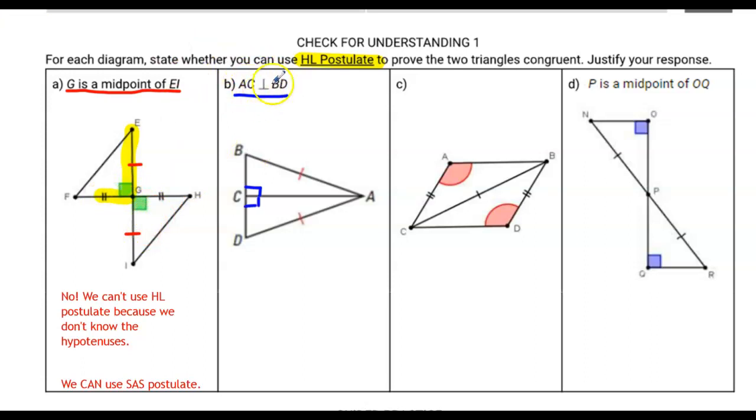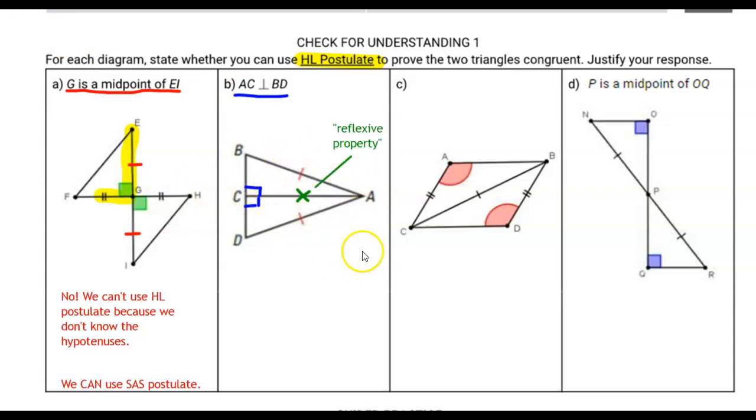All right, for letter B. First of all, we know that AC is perpendicular to BD, which means that AC and BD form right angles when they meet. There's the right angles in blue. And we also know one other thing about side AC. This is a shared side between the two triangles, which means this side is congruent to itself. Of course, you know that this X is representative of that famous property, the reflexive property.